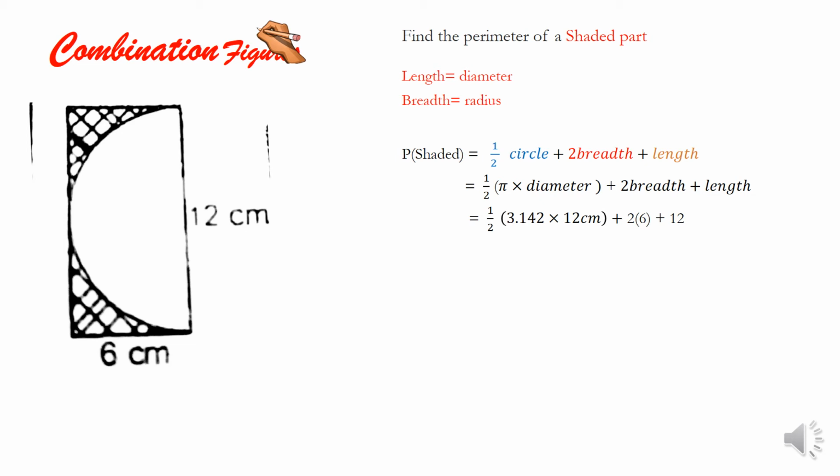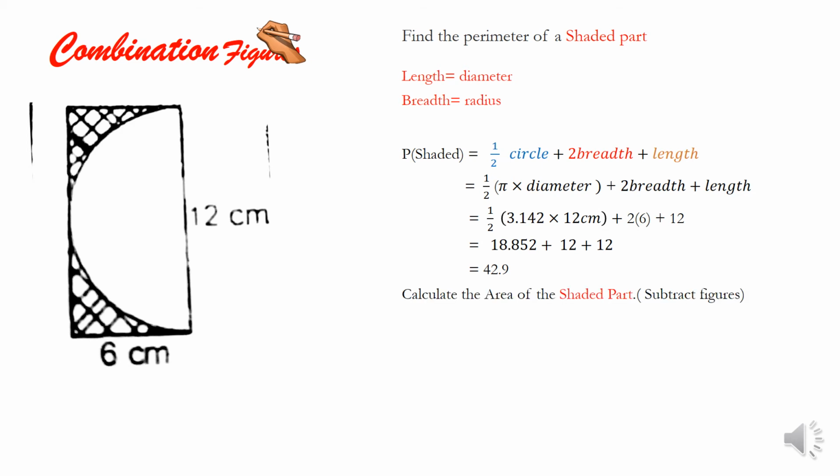So we will have half times 3.142 times 12, and 2 times 6 plus 12. Then we have 18.852 plus 12 plus 12, that gives us 24. So in total we'll have 42.9, and that will be our perimeter. So that is the perimeter of the shaded part.